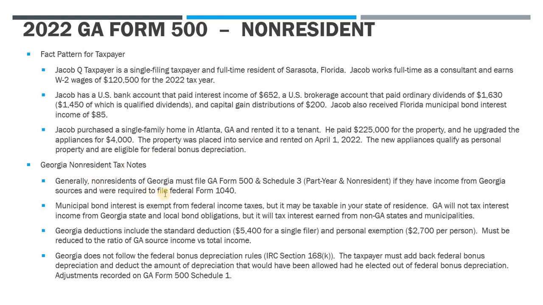Now, non-residents of Georgia generally have to file the Form 500 and Schedule 3, which is for part-year and non-residents. We'll have a look at that as well. And you're going to have to file this if you have income from Georgia sources, right? So that's what we're going to see here for our taxpayer. Now, municipal bond interest is exempt from federal income taxes, but it could be taxable in your state of residence.